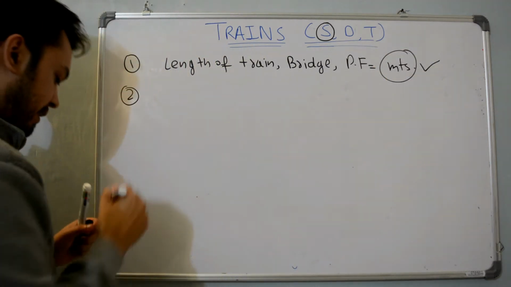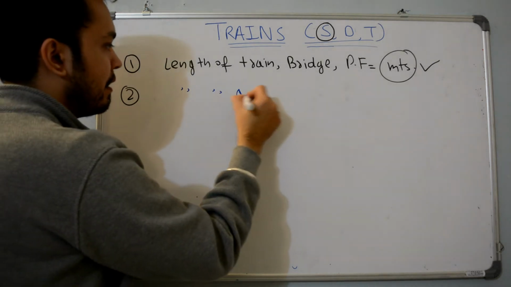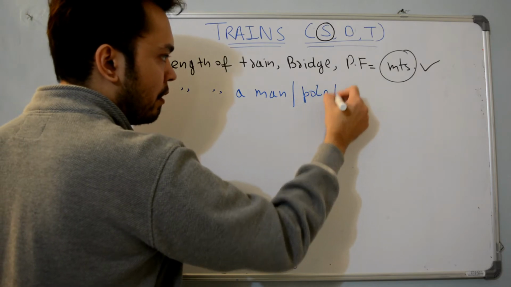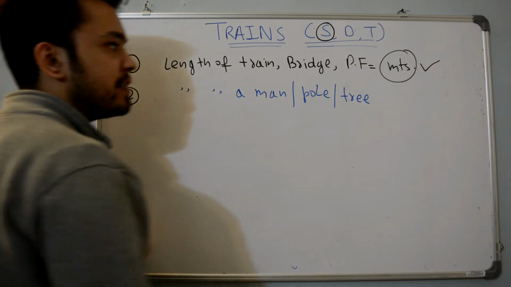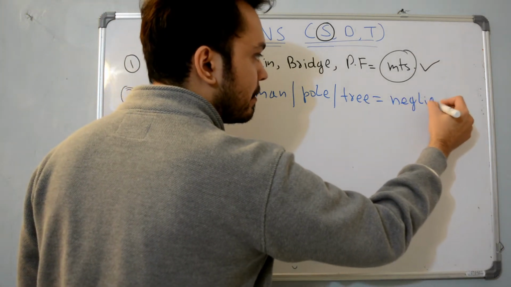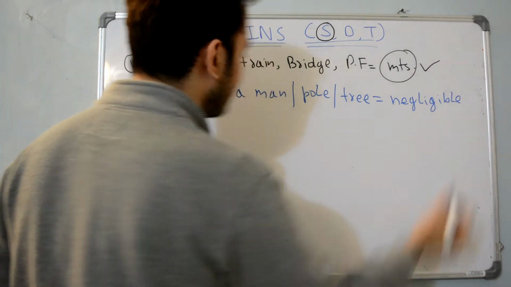Our second point, the length of a man or a pole or a tree or any such point objects will be taken to be negligible. That means we will not consider it, right?